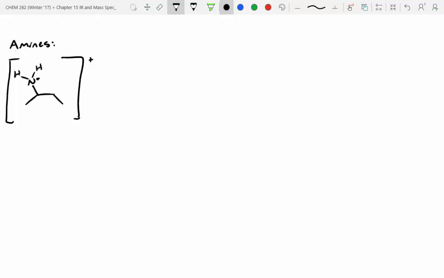It only has one left now. Again, we've got these alpha and beta positions. And just like with alcohols, this can clamp down, steal an electron from that alpha-beta bond, and then that beta position will get the remaining electron.